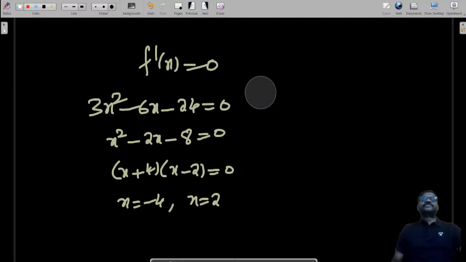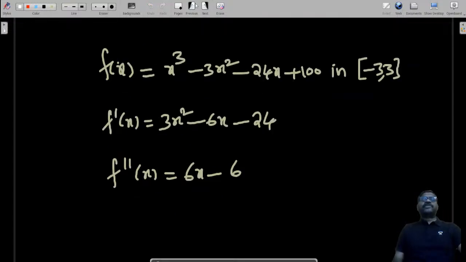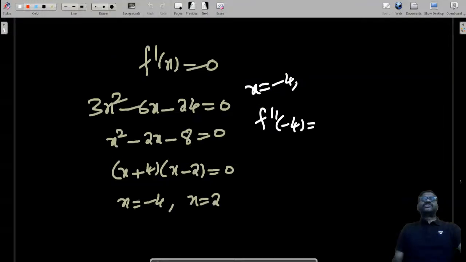At x equal to minus 4, f double dash of minus 4 is minus 24 minus 6, minus 30, which is negative. Therefore, maxima.